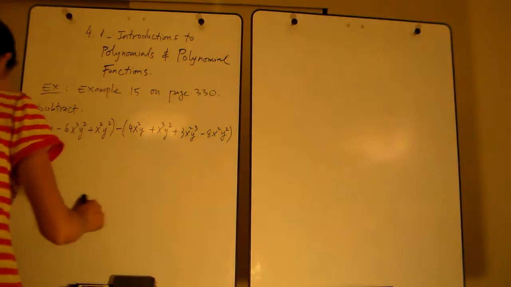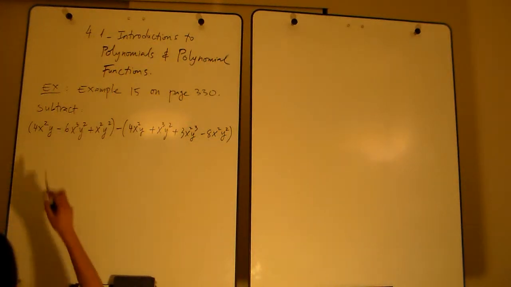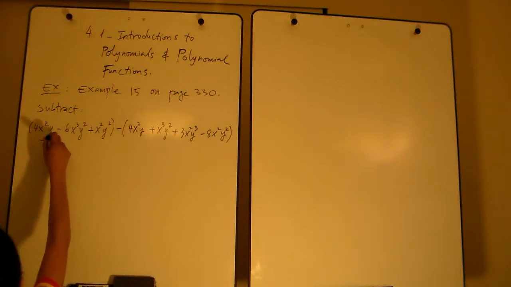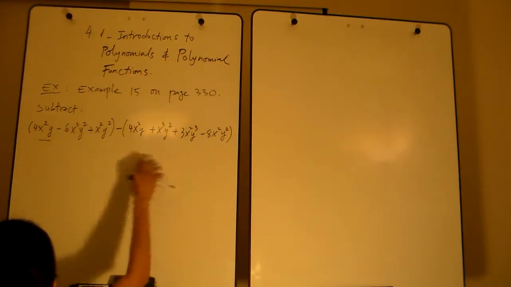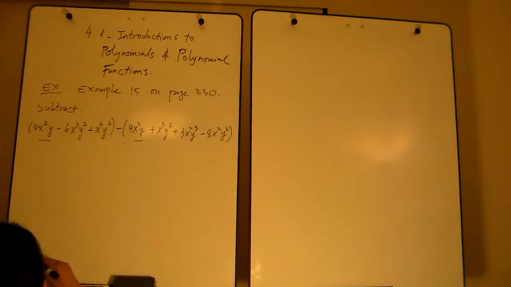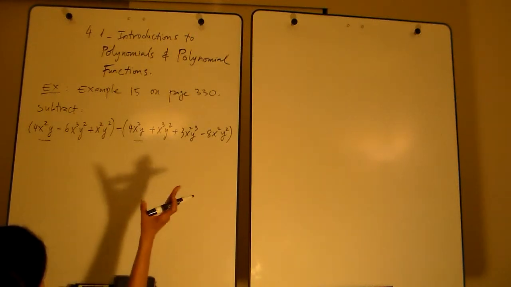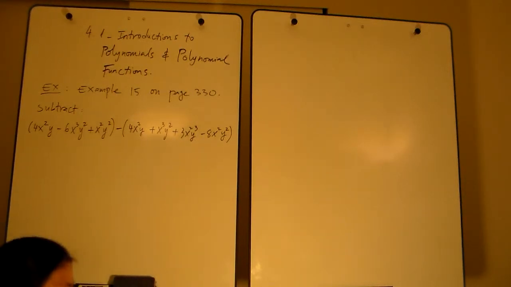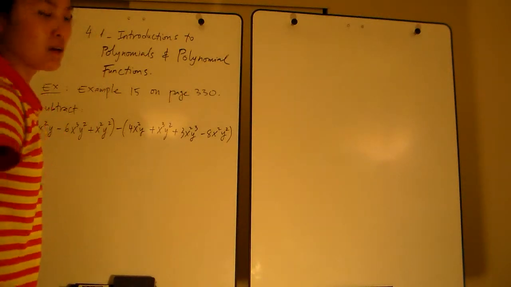Let's start with the first term of this polynomial, 4x squared y, right? So this 4x squared y, look at the right. What term has x squared y? This term, right? So you kind of see the same idea, but a little bit different from addition.